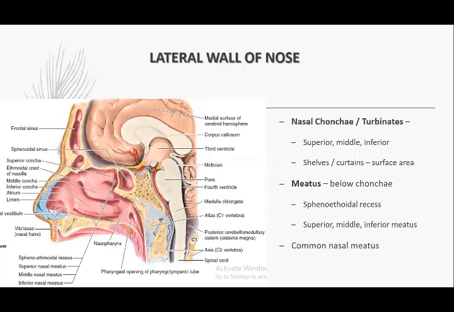ENT surgeons call them turbinate because when the bone gets covered by mucous membrane, they are called turbinates. Okay. So you have a superior concha, a middle concha and an inferior concha.